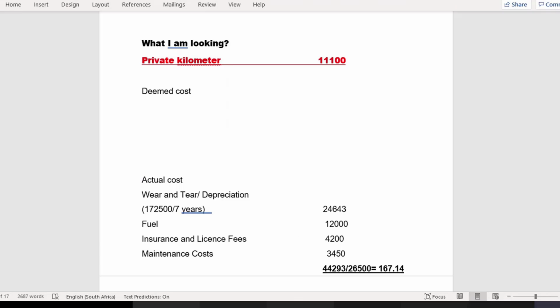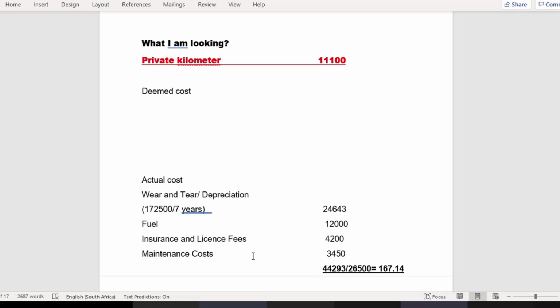Does that make sense? Yes, sir, it makes sense. Can I ask you a question? Please. Normally when you get a question, how do you know that they require you to calculate actual cost or deemed cost?